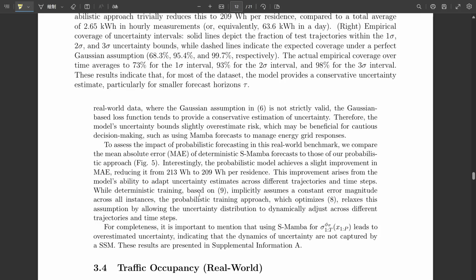It's a clear step forward for getting probabilistic forecasts from these powerful sequence models. It worked exceptionally well when the data fits its assumptions, like on that synthetic data. And importantly, even on the messier real-world stuff, it provides useful, if slightly conservative, uncertainty estimates. But perhaps just as valuable is how this research clearly identified that fundamental boundary condition for SSMs.